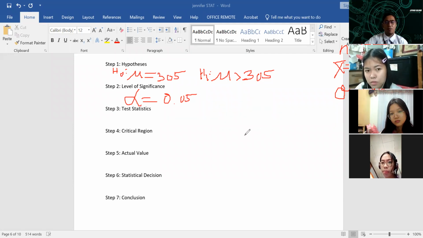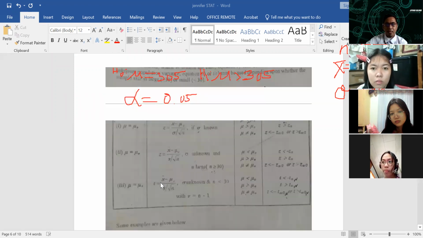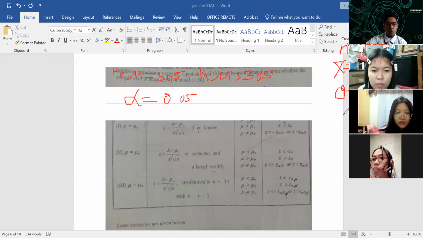Now, how do we determine the test statistic? To determine that, you will use the table that I provided. You determine whether it is case 1, case 2, or case 3. What do you think? Case 1, 2, or 3?